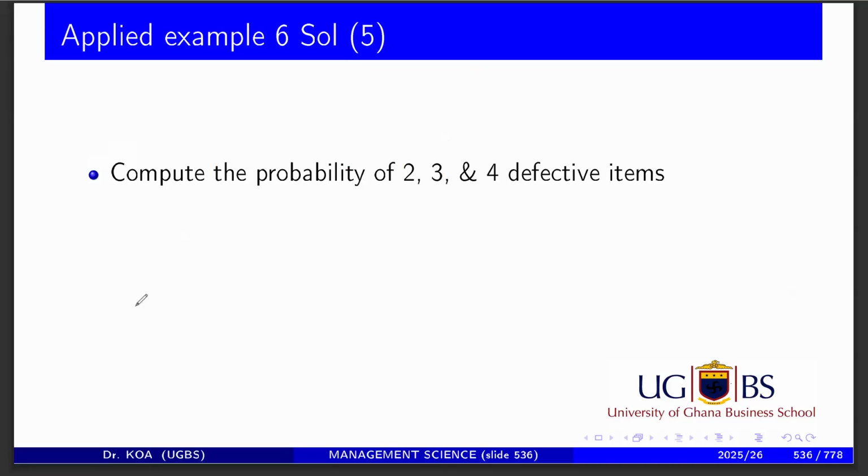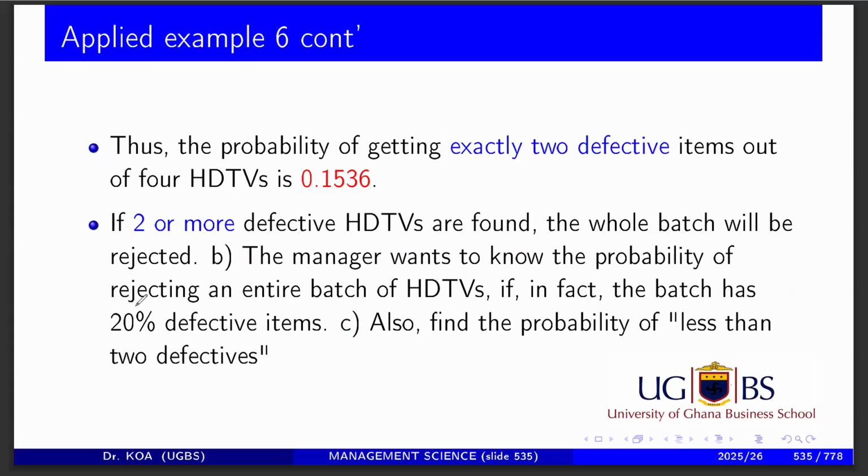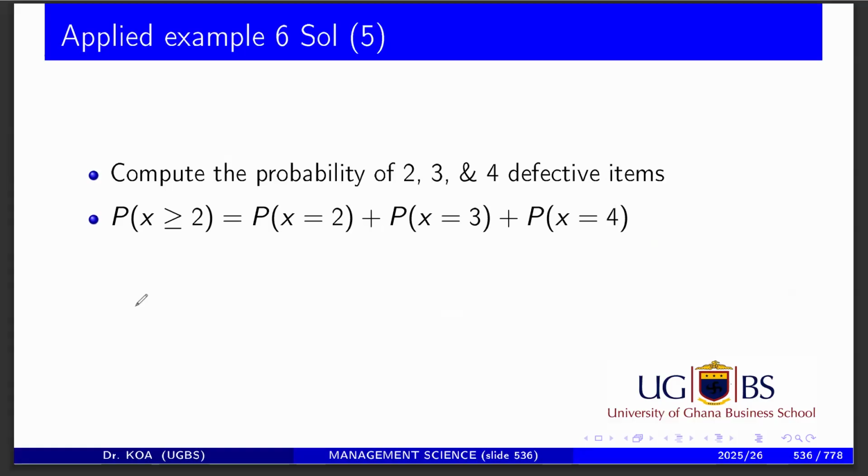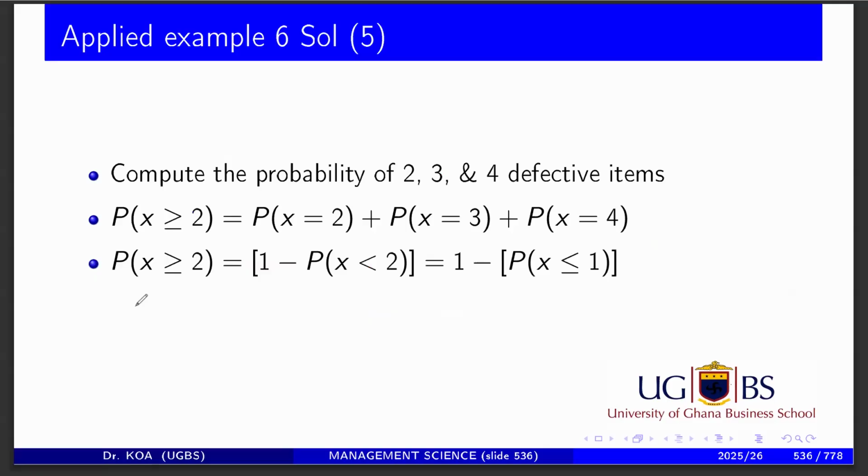Next, the other one is 2 or more. So you have to just deduce. If you're looking for 2 or more, with the total being 4, it is 2, 3, and 4. Or if you want to go backward, it's 1 minus the probability of 0 and 1.